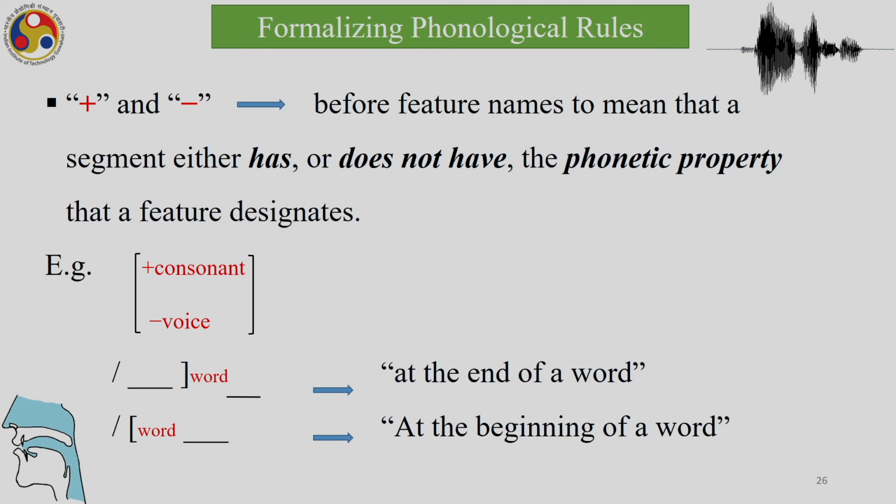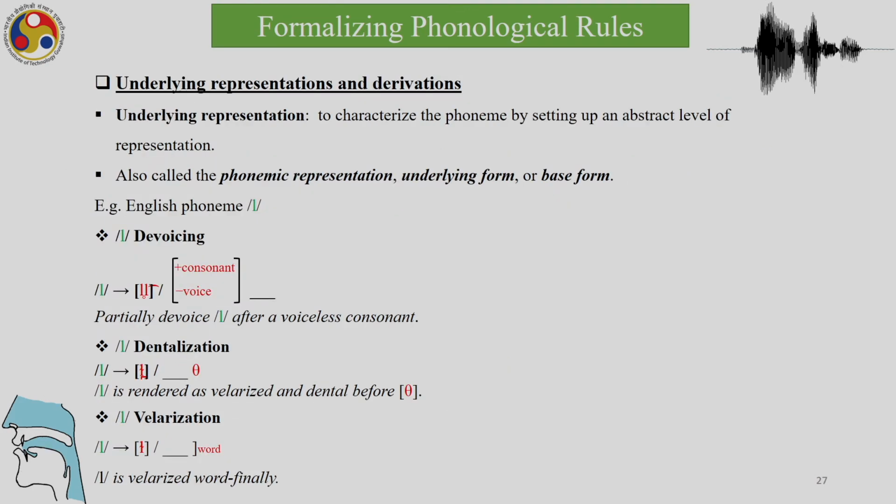So, plus consonant means consonant, minus voice means voiceless. And again, boundary is shown with the help of similar means with a dash. So, dash following it means at the end of a word, and if it is before the starting of the rule, then it will mean at the beginning of a word.